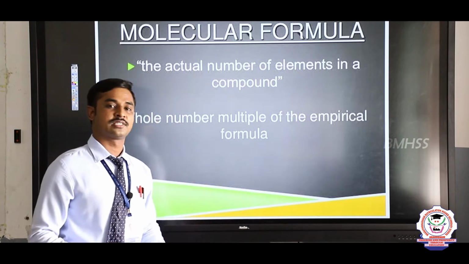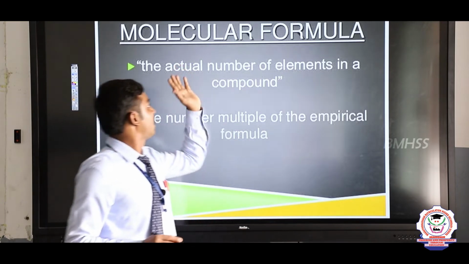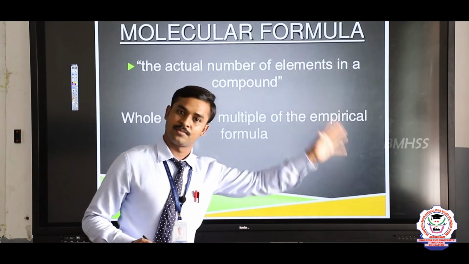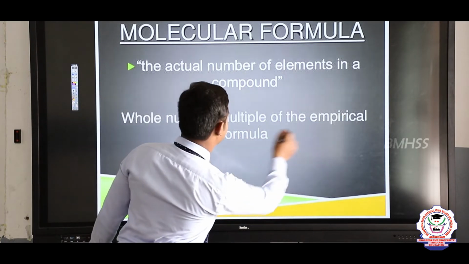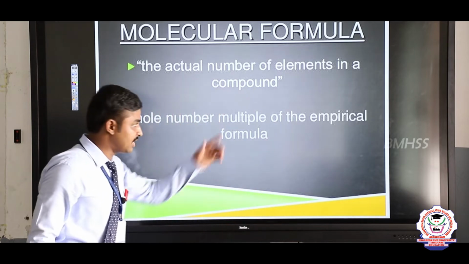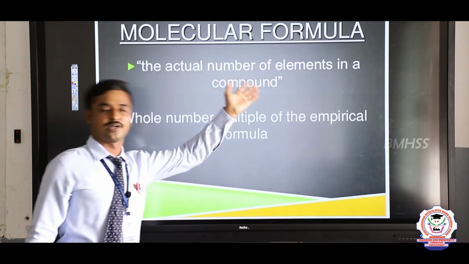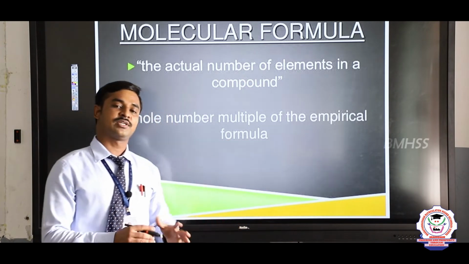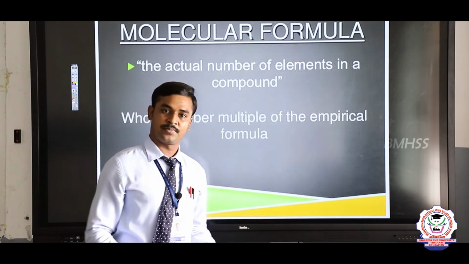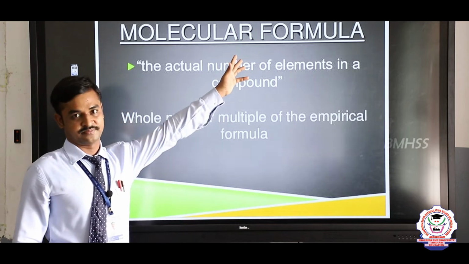So the molecular formula is the actual number of the elements present in the molecule, and it is a whole number multiple of the empirical formula. From the empirical formula we can find the molecular formula, because the empirical formula is the simplest ratio, and if the ratio is converted into actual numbers, that is the molecular formula.